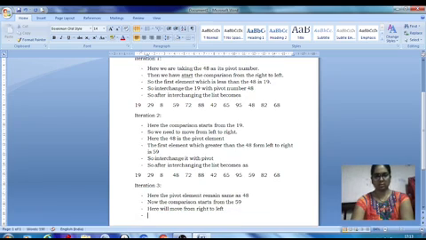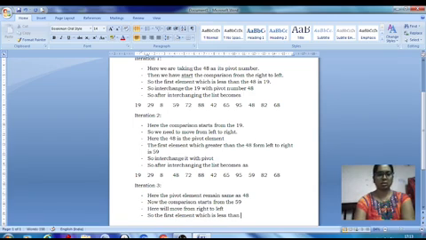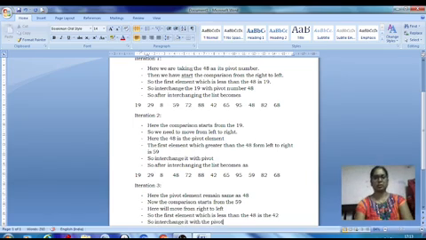The first element which is less than 48 is 42. So interchange it with the pivot.